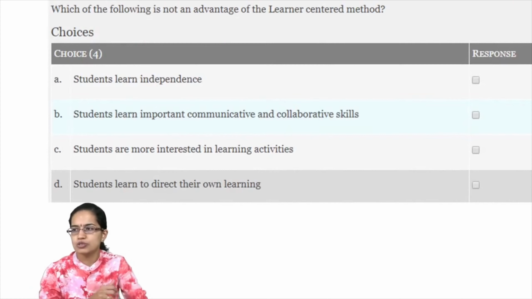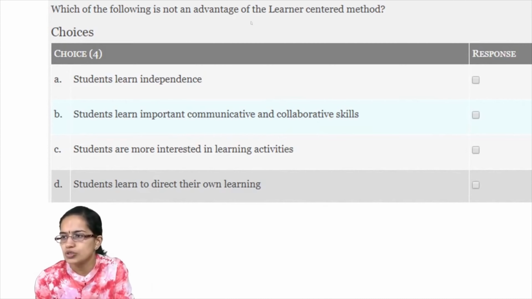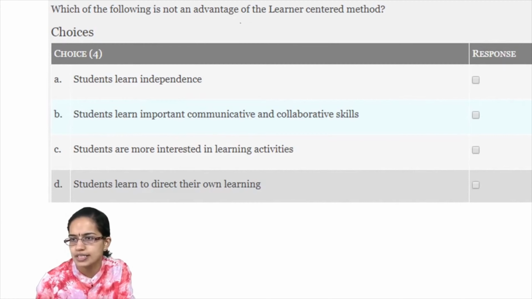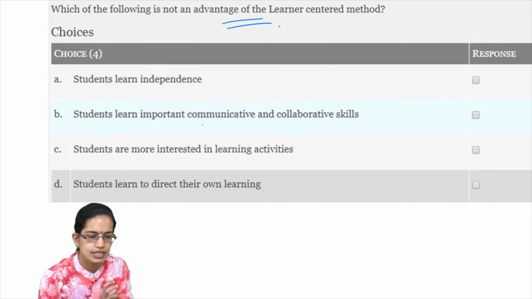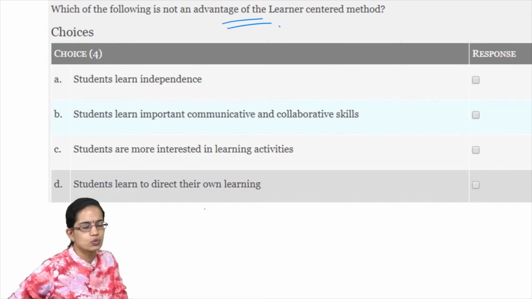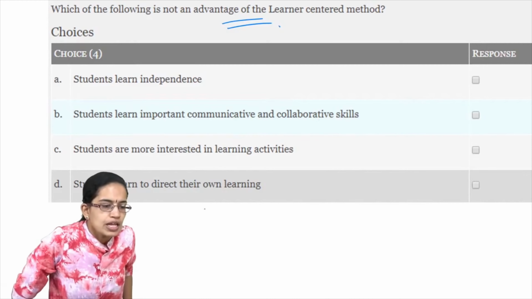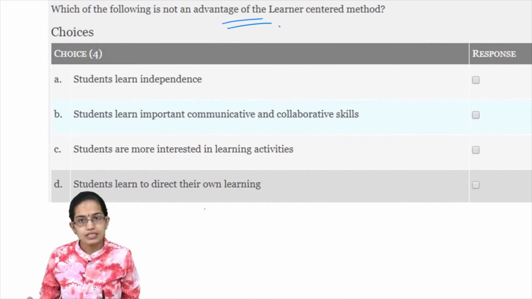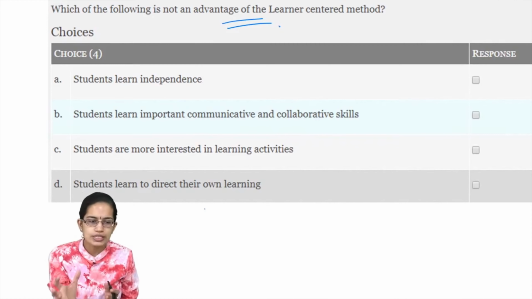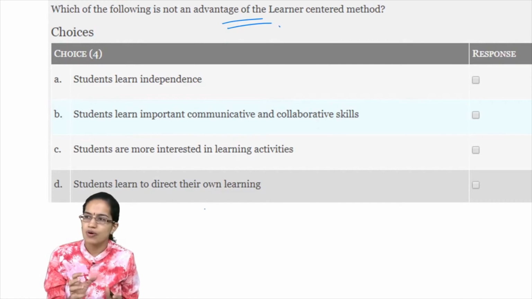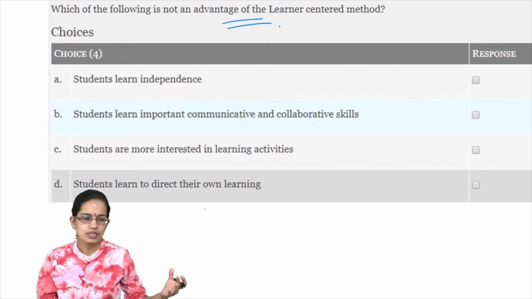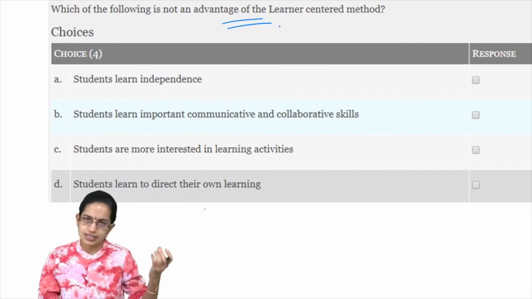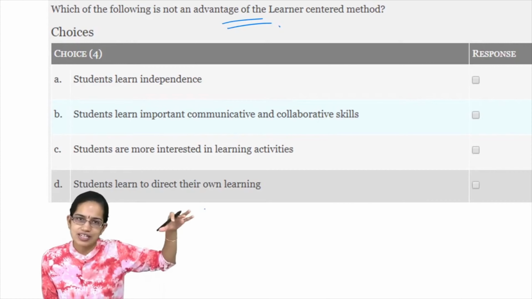Okay, the next question is, which of the following is not an advantage of learner-centered method? Now, what is the difference between a teacher-centered versus a learner-centered approach? Learner-centered instruction operates on a different basis, or I could say on a student-centered basis. However, teacher-centered focuses on the teacher.